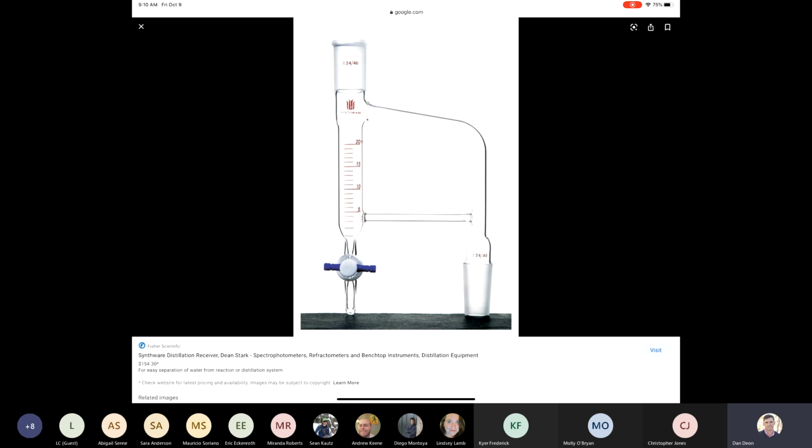And so you'd be able to see the water gathering at the bottom. In fact, that's why there's a stopcock at the bottom, is if you were to make more than 20 milliliters or a lot more, you could drain it off gradually and measure it. So does that answer your question? You could actually literally measure it with this graduation on the glass apparatus, and you could calculate exactly how much water you should produce. It's a really cool piece of glassware.